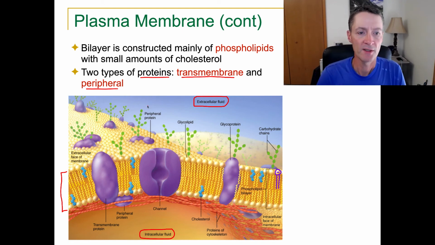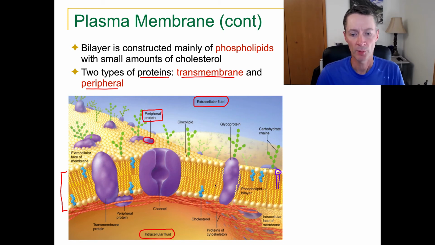Well, we only see peripheral proteins, like this one here. This peripheral protein only sits on the outside part of the membrane. They're not on the inside. But we have some of those on the inside too. It all depends on how they happen to function as to where they might reside.